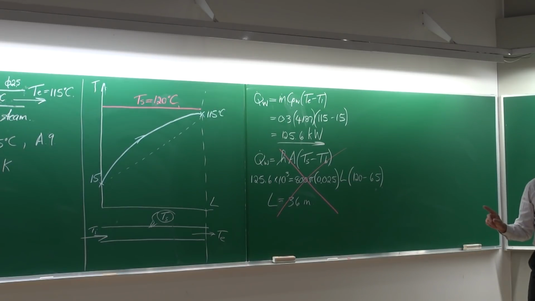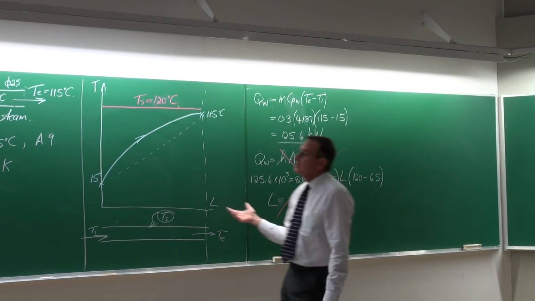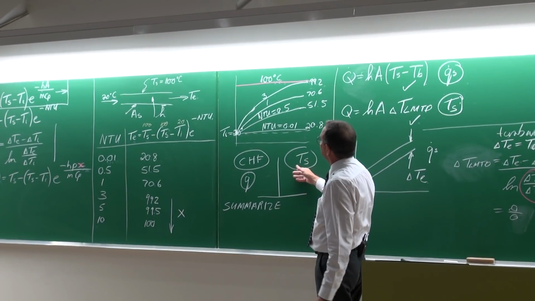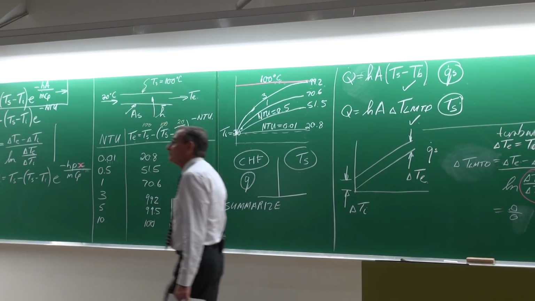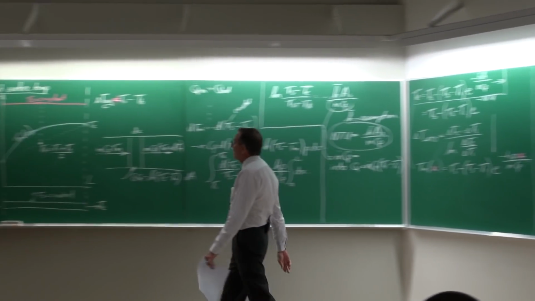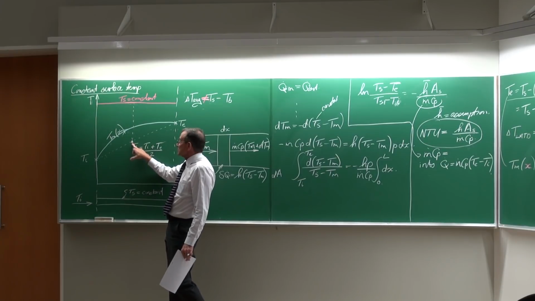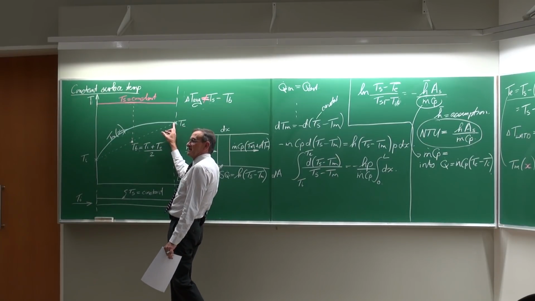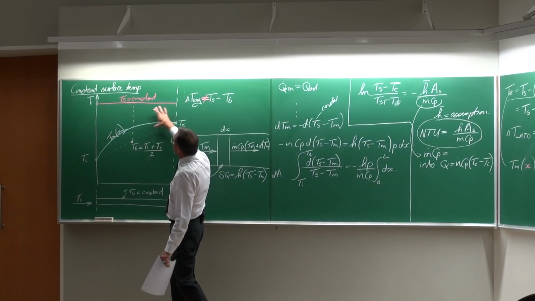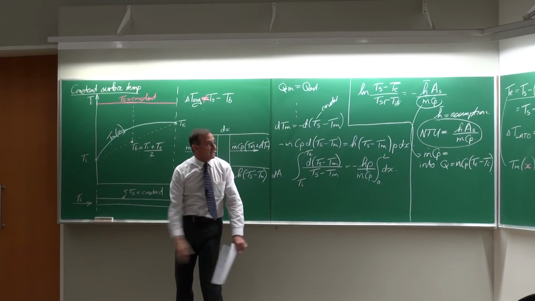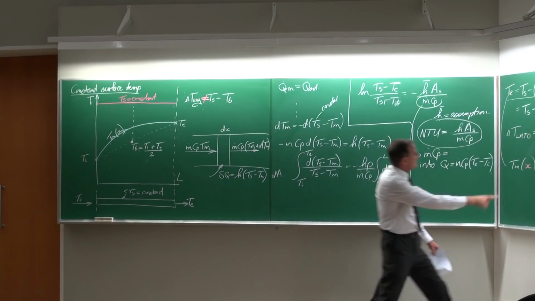Why? Because for a constant surface temperature, we cannot use this temperature difference as the driving force. We see that the temperature difference varies along the tube, so we need to integrate it to get the average delta T, and that is exactly what this equation is telling us.